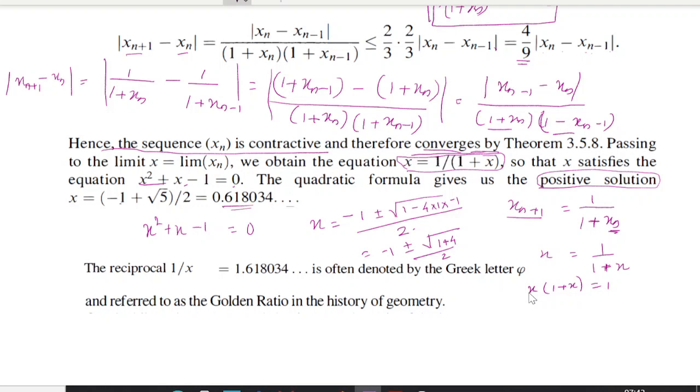This is not the golden ratio, but when you are taking the reciprocal of this, it will reduce to 1.618034, etc.